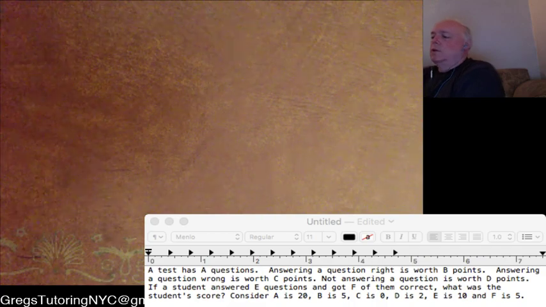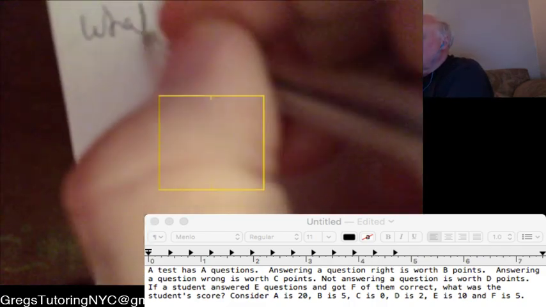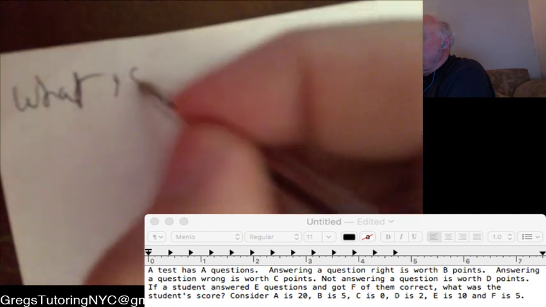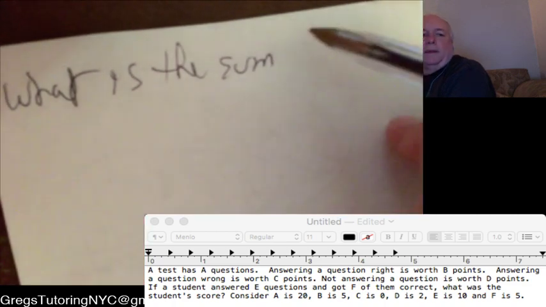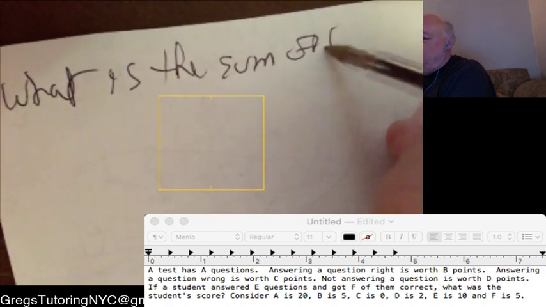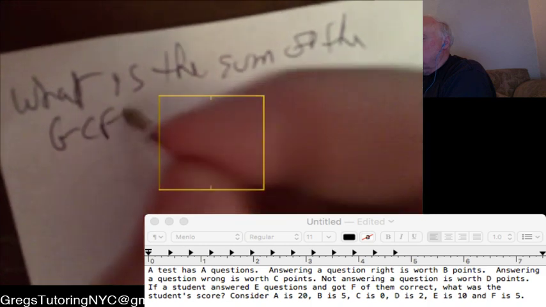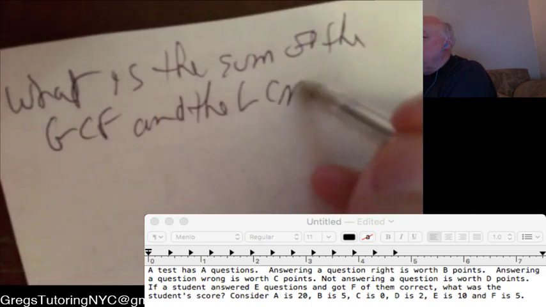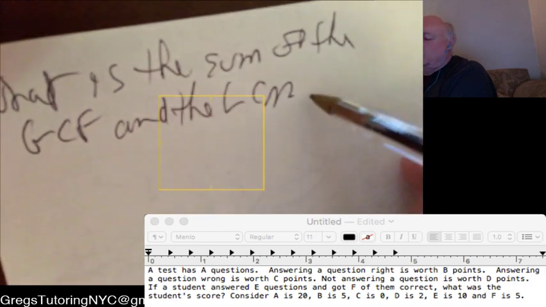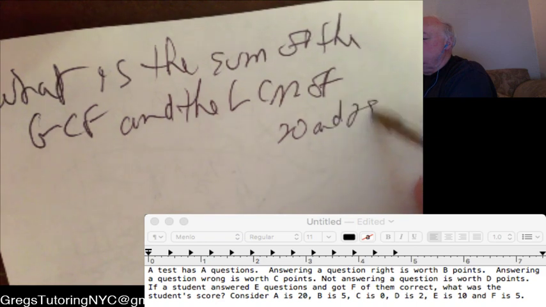So the question is, what is the sum of the GCF and the LCM of 20 and 28?